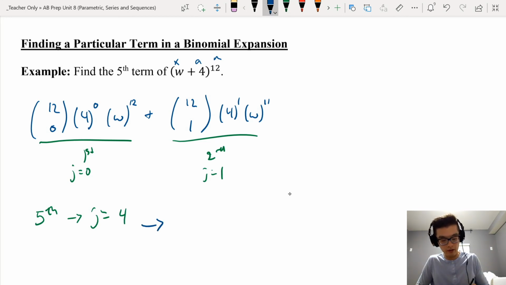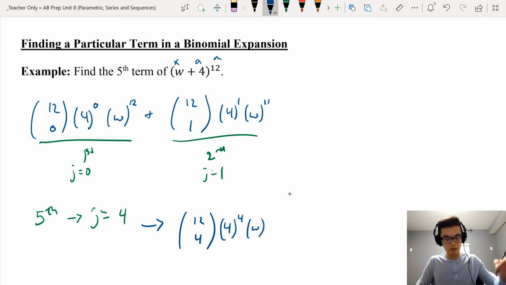Then we could say, okay, if I really care about when j is 4, well, that's 12 choose 4, take the a, raise it to the 4th power, and we take the w raised to the n minus the j term there. So that's going to be w raised to the, make sure we got that set, to the 8th.